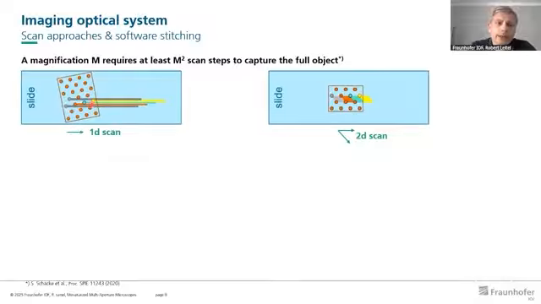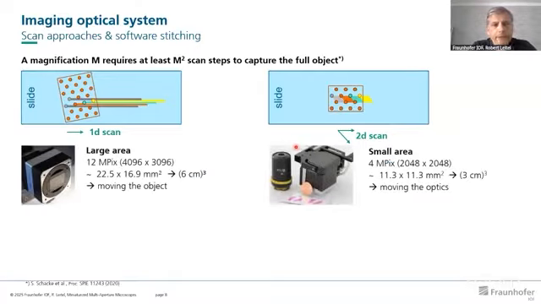You can make a 1D scan by displacing the channels slightly with a tilt angle, so that you can cover each spot of the object by scanning linearly. Or, and this is typically done for smaller systems, you can use a 2D scan, where you have to move in two dimensions. Both options have been implemented here.